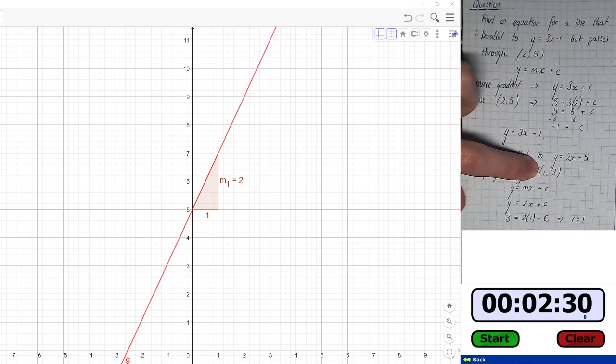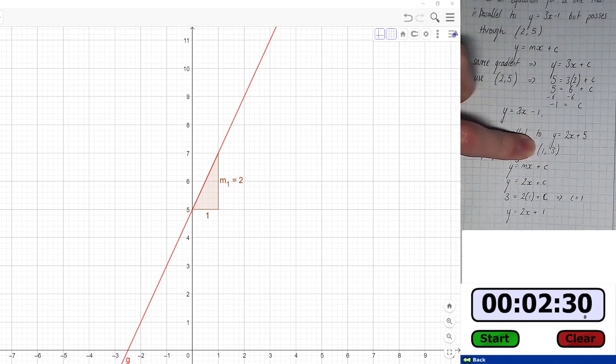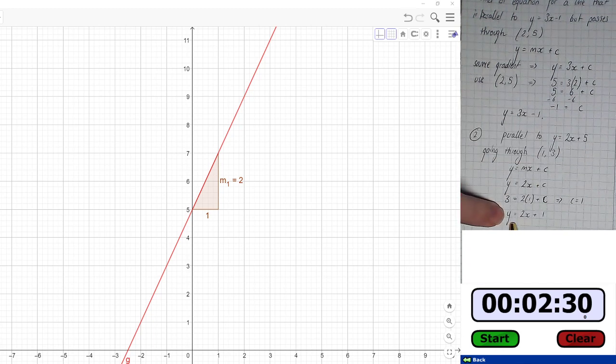So when I substitute those things in, we get that 3 is equal to 2 lots of 1 plus a number. Well, 3 would be equal to 2 plus an extra 1. So that means that c has got to be equal to 1. So the equation that we end up with has got to be y is equal to 2x plus 1.